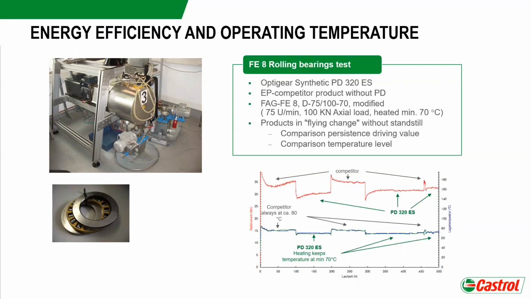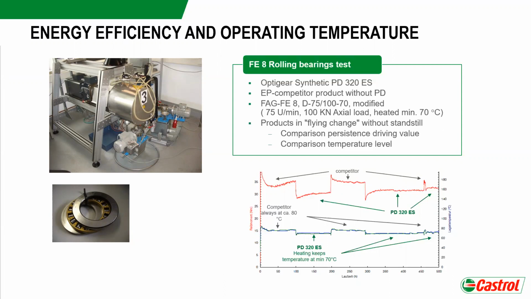This is the red line you can see. Aligned with that, also the temperature decreases. So as soon as we switch to the PD product, within very few hours, the surface seems to be optimized. Friction gets reduced, temperature gets reduced, therefore potentially your oil life increased and your energy consumption reduced as well.